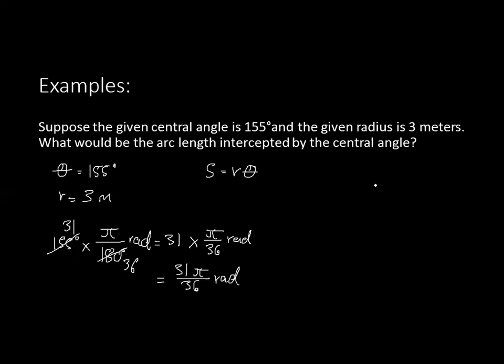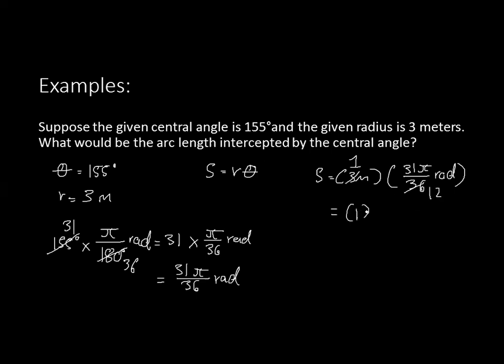So we have S is equal to R, which is 3 meters, times theta, which is 31 pi all over 36 radians. So here I can actually simplify the numerator and the denominator because both of them are divisible by 3. So 3 meters divided by 3 is just 1 meter, and 36 divided by 3 is just 12.